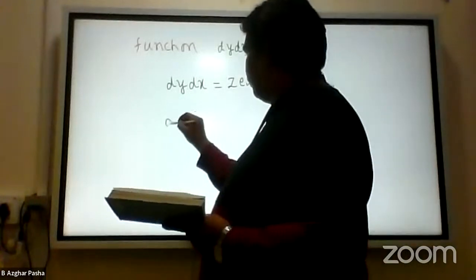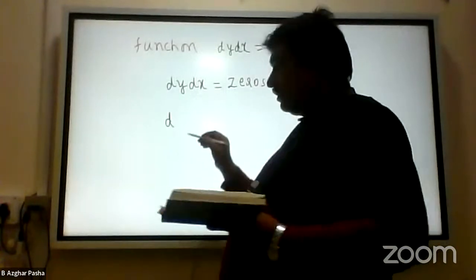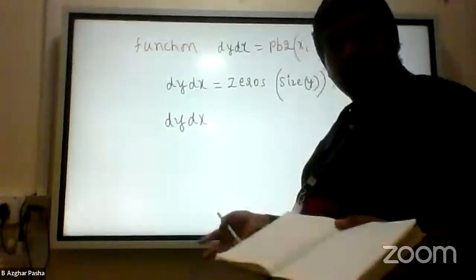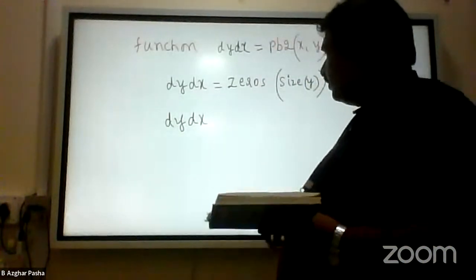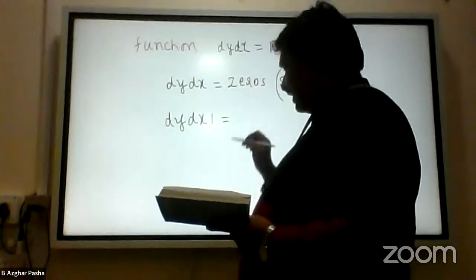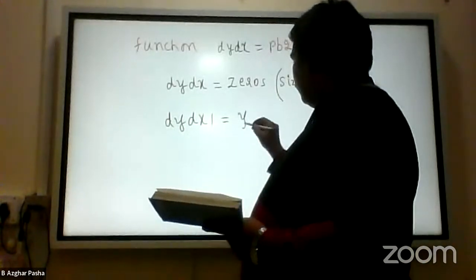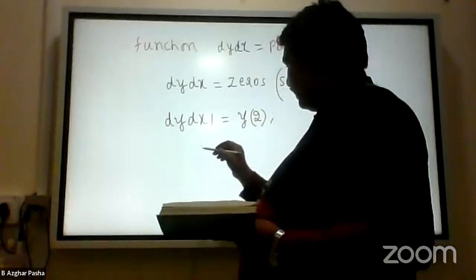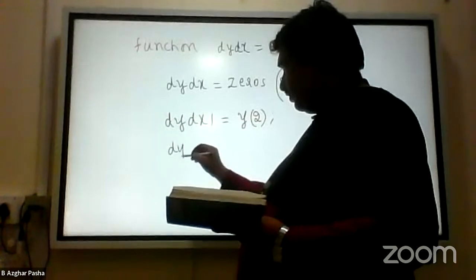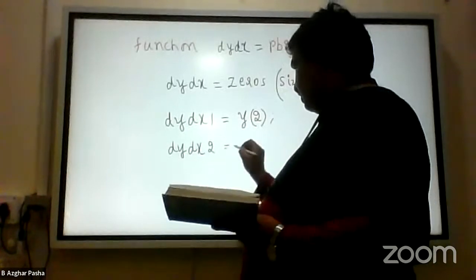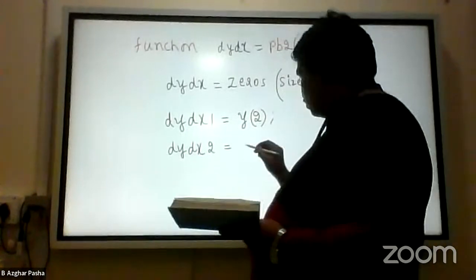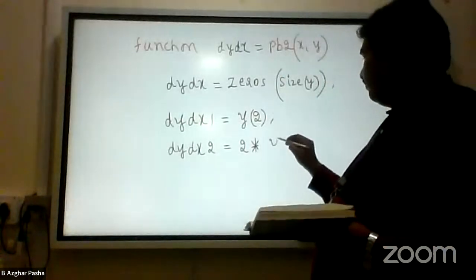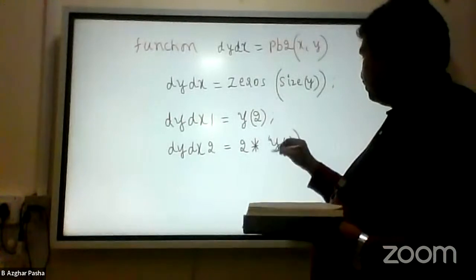So dy by dx is an array, a matrix actually, to be frank. dy by dx 1, the first element, is y of 2. Next, dy2 by dx is 2 into y of 1, the whole cube.